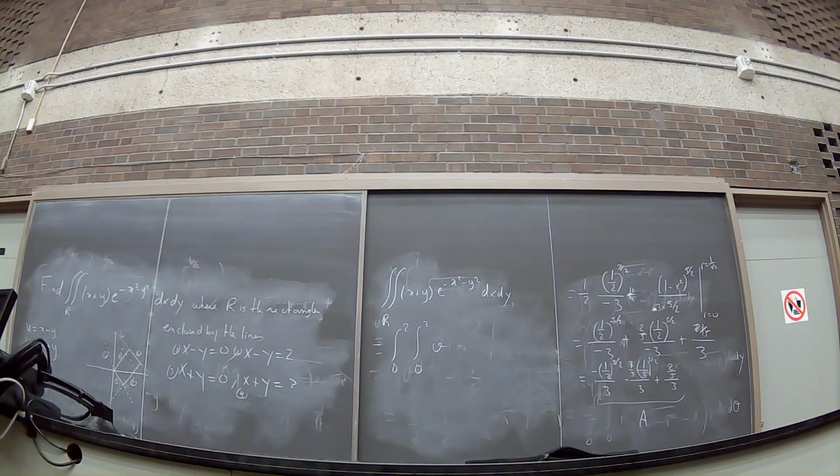How can you find x squared plus y squared? What I do is solve for x and y, and then square them. Or you can square u squared. What is u squared? U squared is x squared plus y squared minus 2xy. V squared is x squared plus y squared plus 2xy. Add them up. You get that x squared plus y squared is u squared plus v squared over 2.